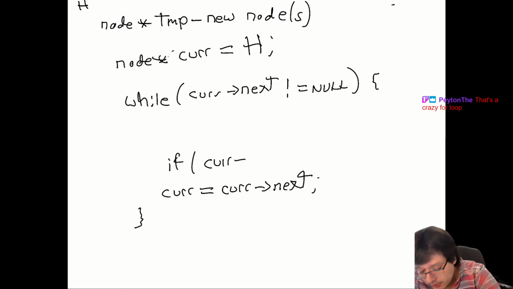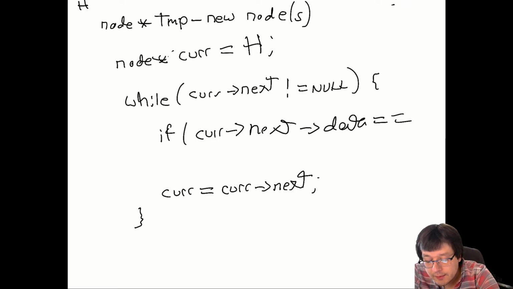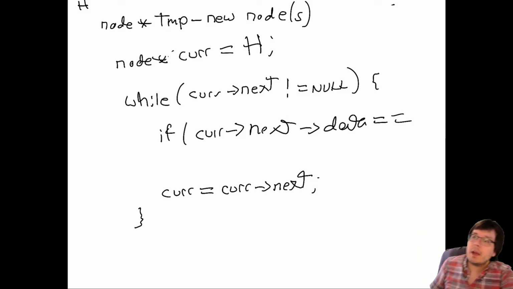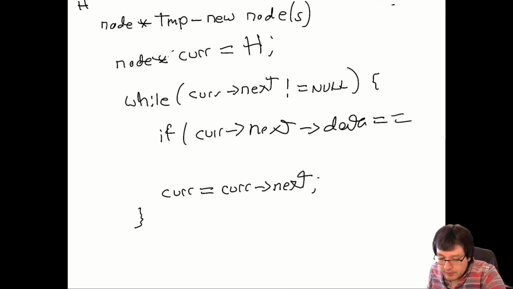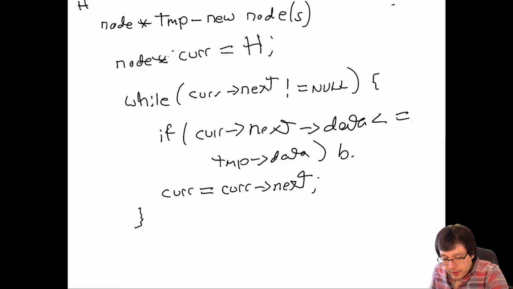But yeah, okay. So anyways, if we say something like if cur next data, if that is equal to what we're looking for, so like let's say we're trying to insert something that is in the middle, so like greater than what we're looking at but smaller than the next number, then we can say something like if cur data is less than or equal to what we're trying to currently insert, so like temp data, then break.